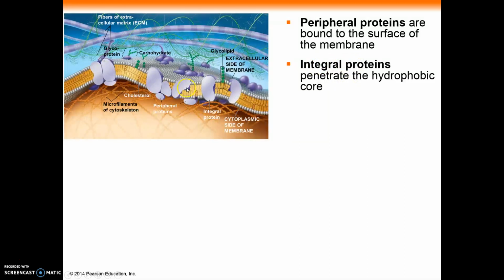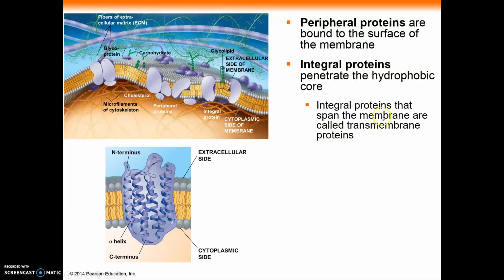It can do this because it has hydrophobic regions or nonpolar regions. Now, we can also have particular integral membrane proteins that actually go completely through the membrane. We call these transmembrane proteins.